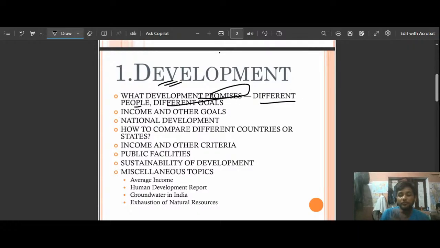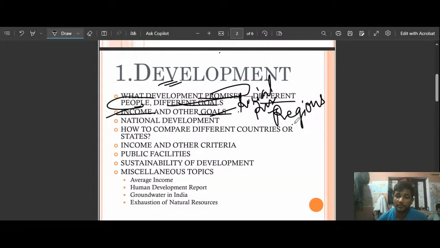Basically, it is trying to say what development is for different people and what their goals are. Then the next topic is income and other goals. People primarily focus on their incomes, and secondarily on other goals, like social, political, religious, and other goals.